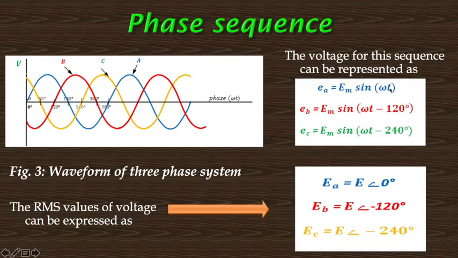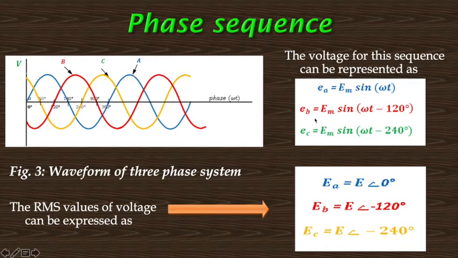If you put omega t equal to 0, then EA equal to 0. If omega t is 90, then EA is the maximum value. When omega t is 180, this value is 0. Then we get the EA voltage waveform.